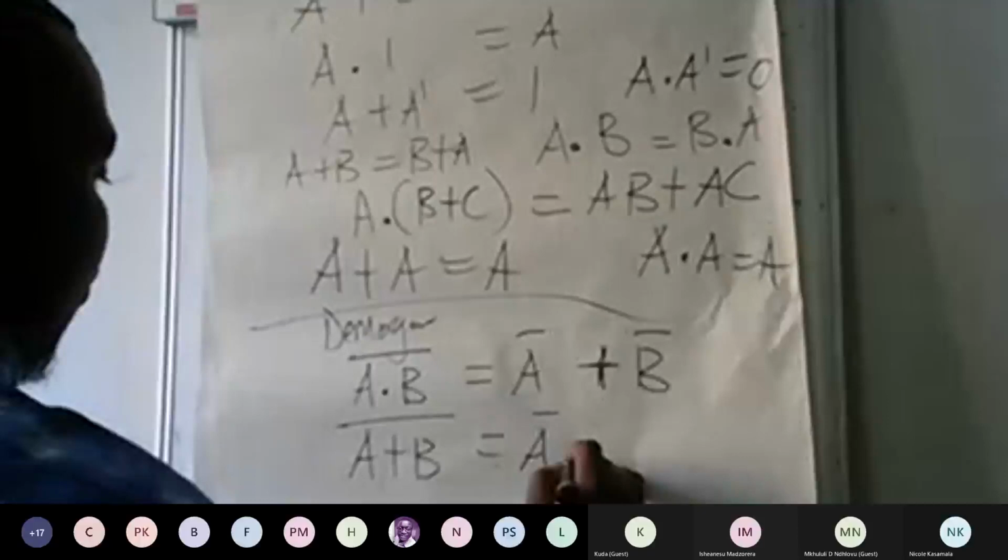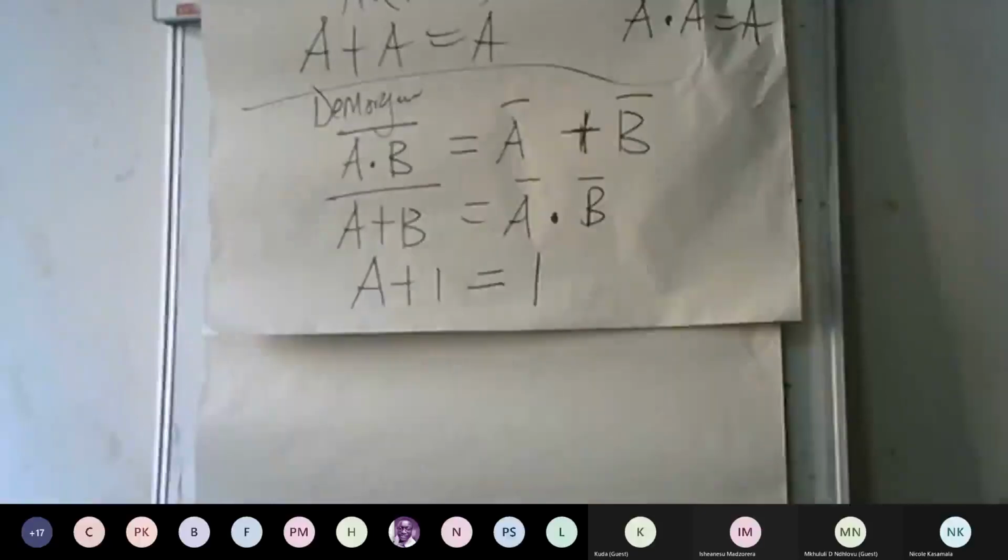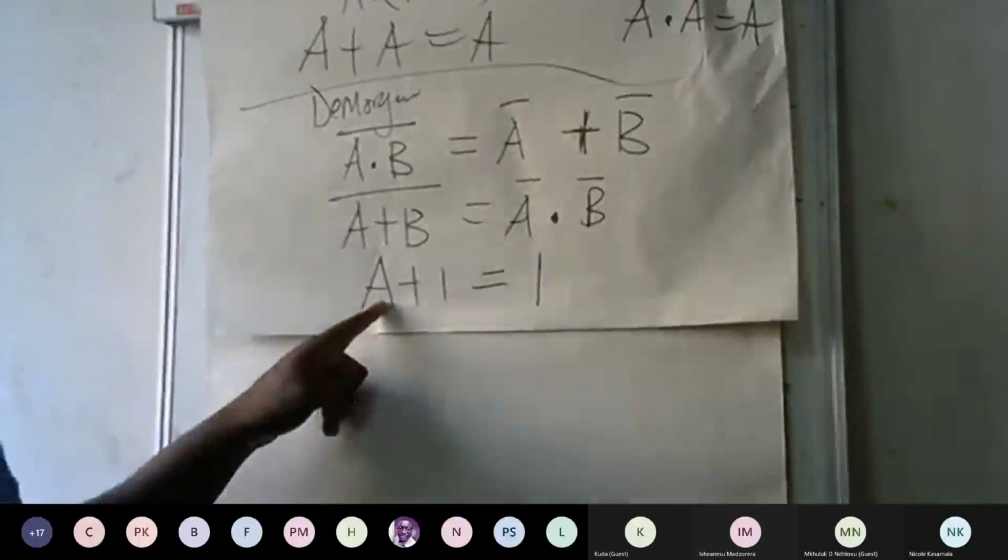It does not matter, because here we are dealing with on and off. We are dealing with binary numbers. So it does not matter the value of a. It still remains 1, because even if it is 1, it's still 1. Even if it is 0, it's still 1. So you need to play around with those other laws so that your life is easy.